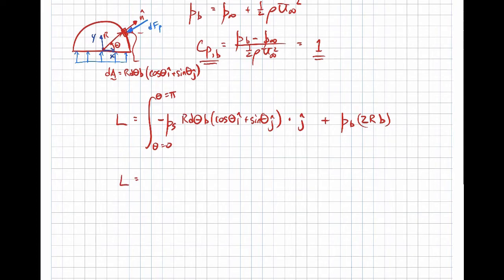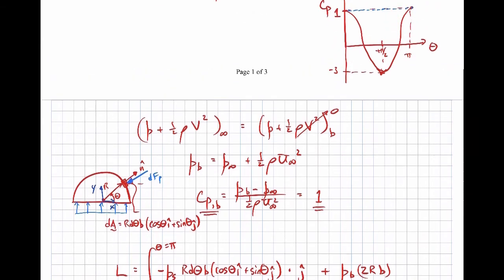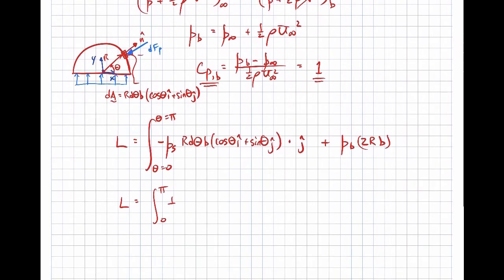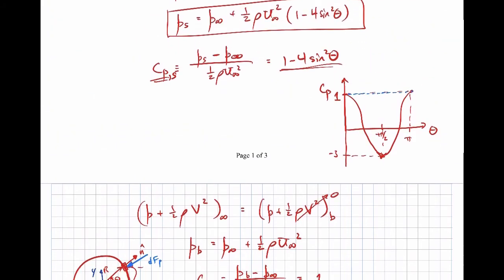So then we would have, let me just write it all out. I'm just writing out the pressure first. So that's the PS right up there.